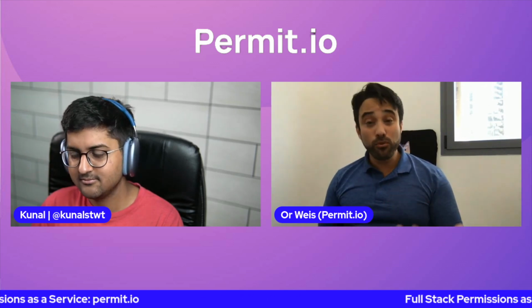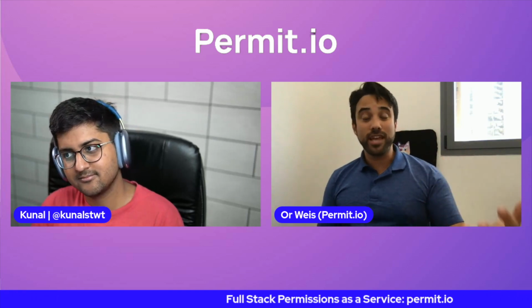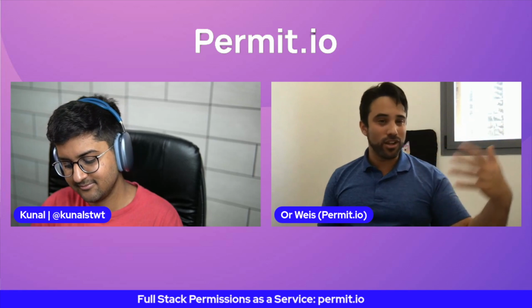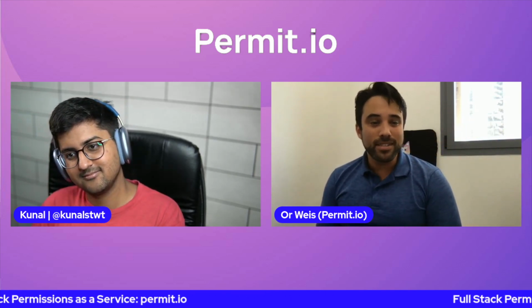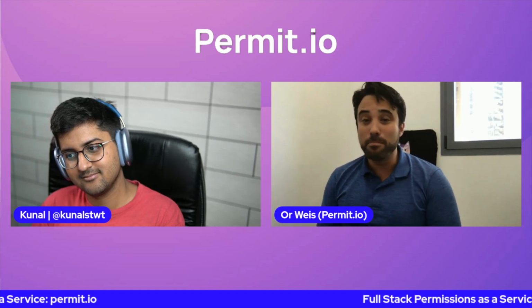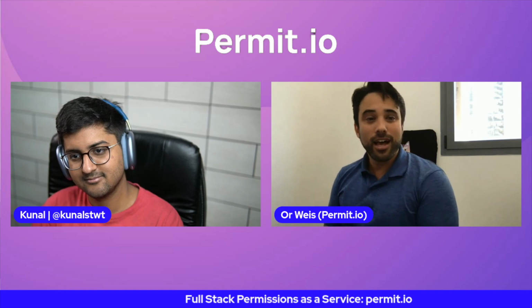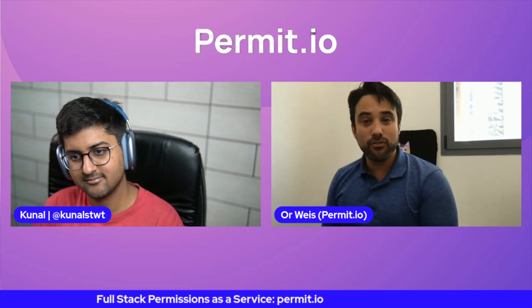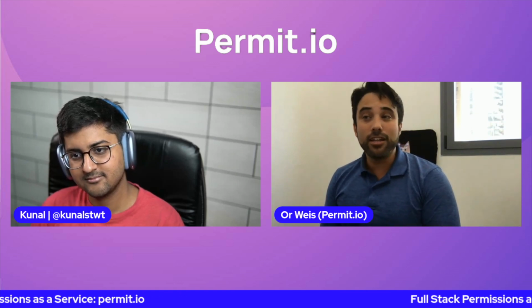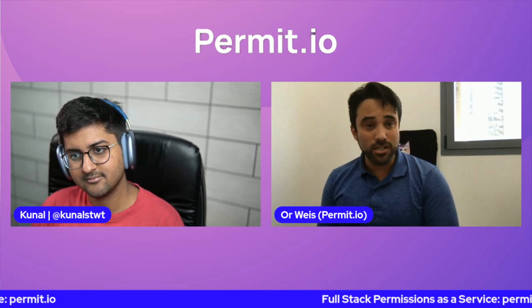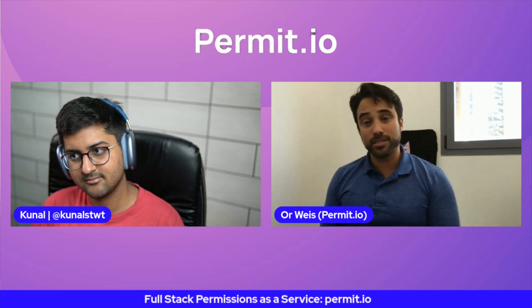Multi-tenancy, approval flows, the ability to ask permissions from another user, emergency access, and the list just goes on and on. Again, these are not new things, but sadly, they've been rebuilt thousands and maybe even millions of times. So the idea with Permit is to take that off the table and to enable people to approach this without having to rebuild it, and with all the best practices in place.